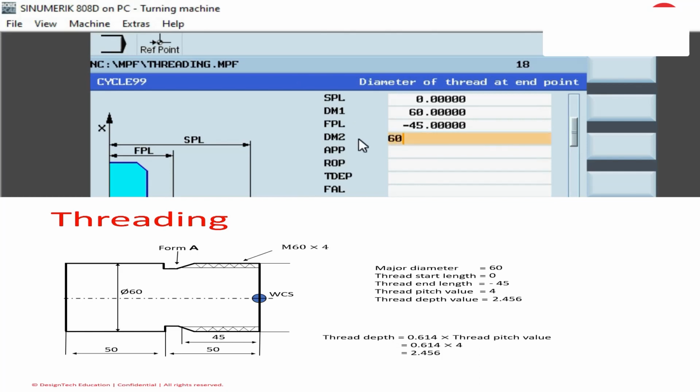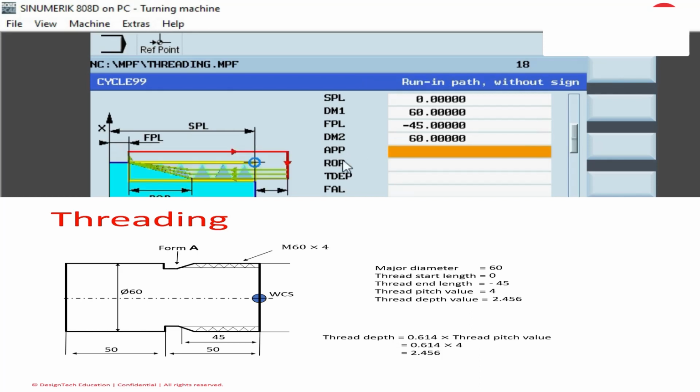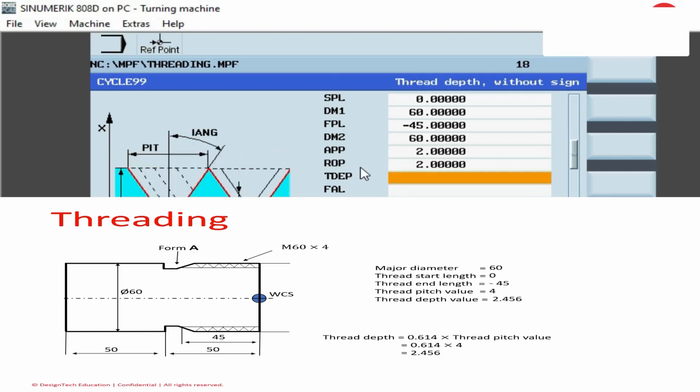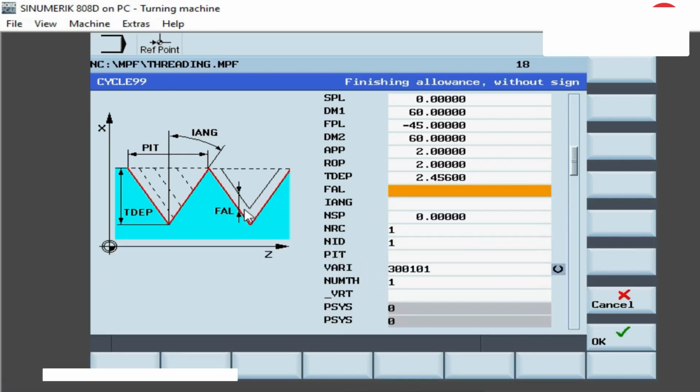That is 60. APP means the run-in path. Choose 2 mm. ROP means the run-out path. Choose 2 mm. TDEP means thread depth. We already calculated the thread depth value. Enter 2.456. FAL means finishing allowance. Enter 0.1.